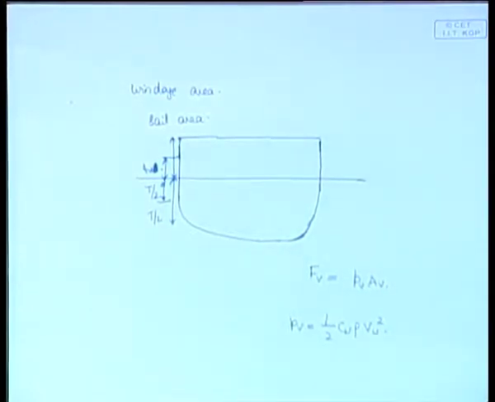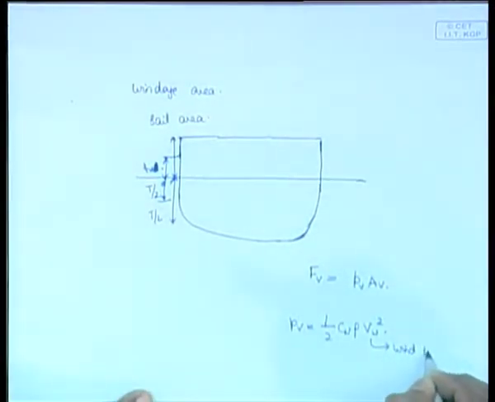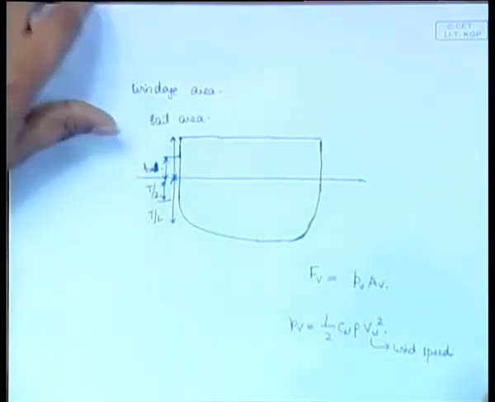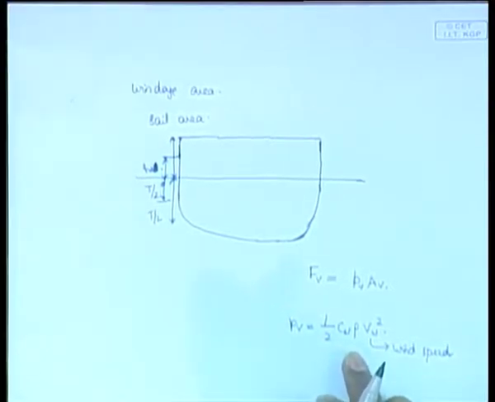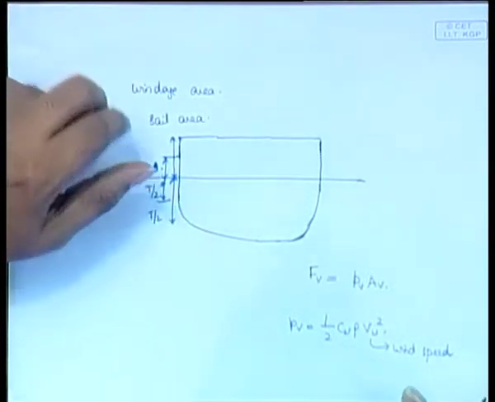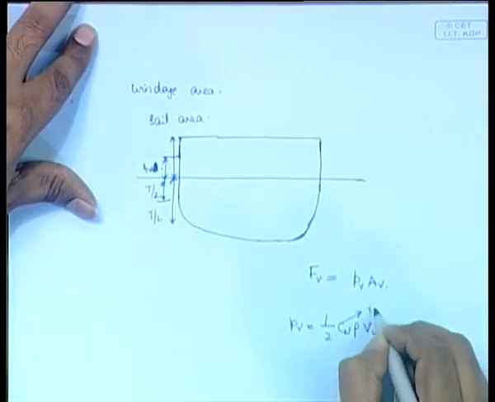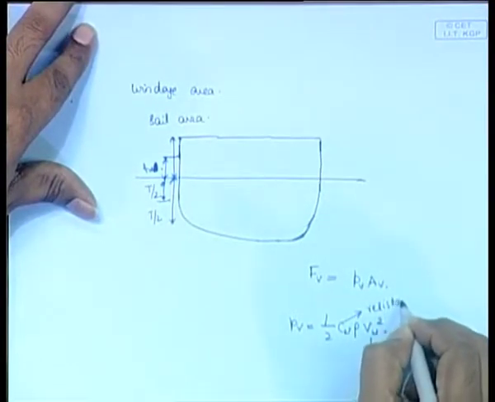In general, the expression for the wind pressure is Pv equals half into Cw into rho Vw square, where Vw is the wind velocity or the wind speed. Cw is a constant. It is called the wind constant, I think. It is a resistance coefficient, called the wind resistance coefficient.